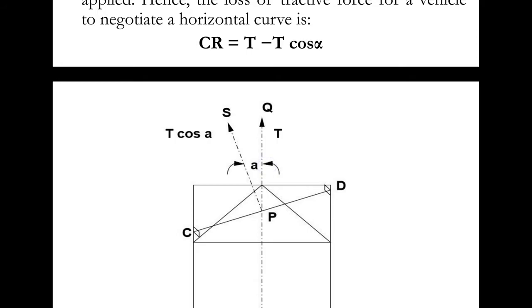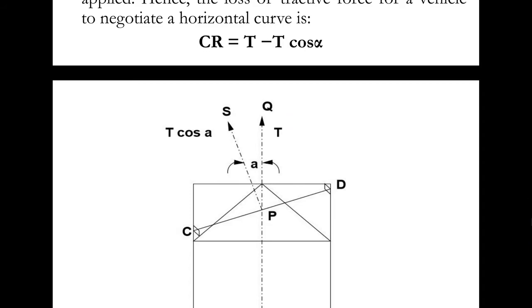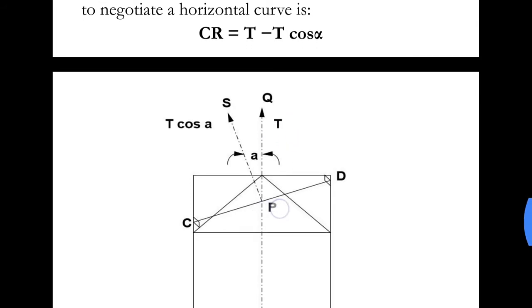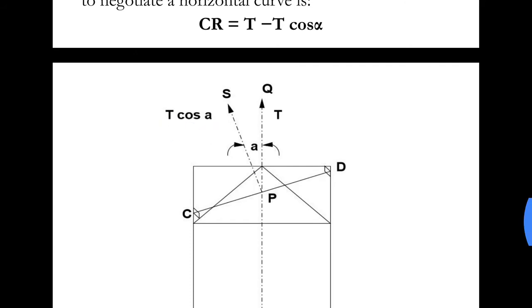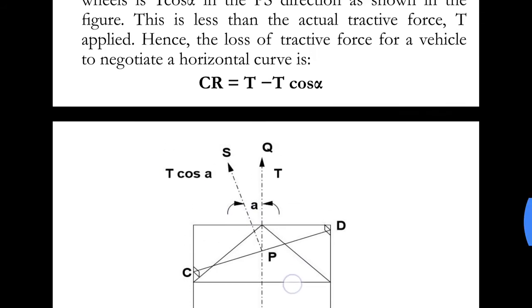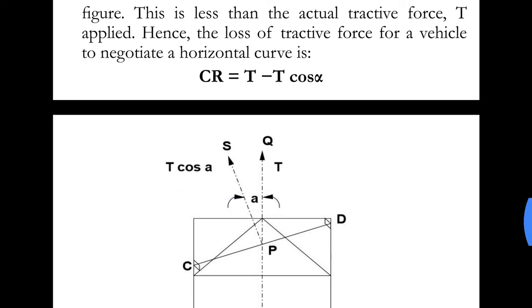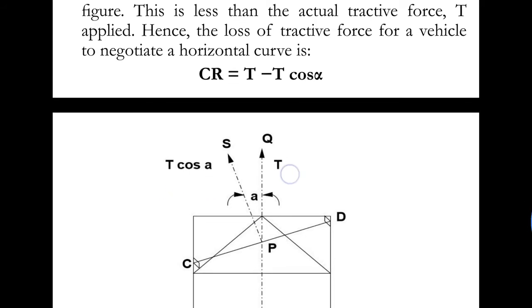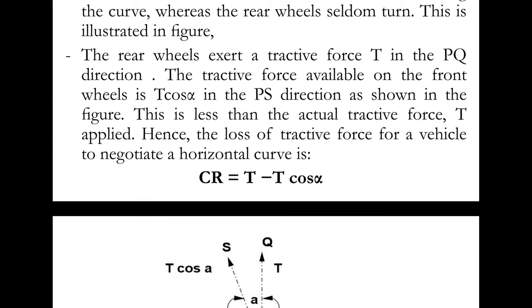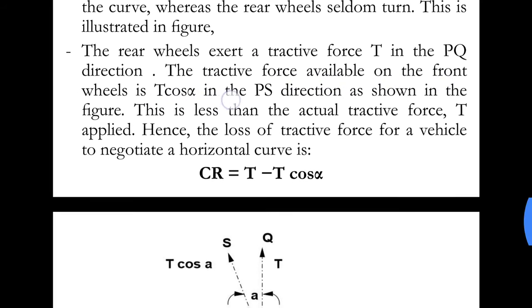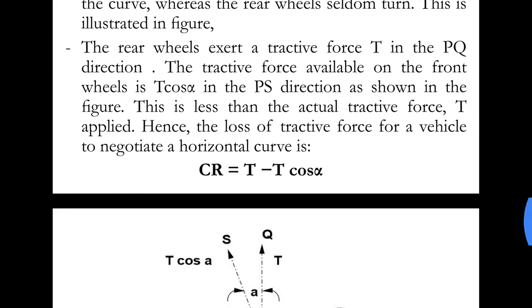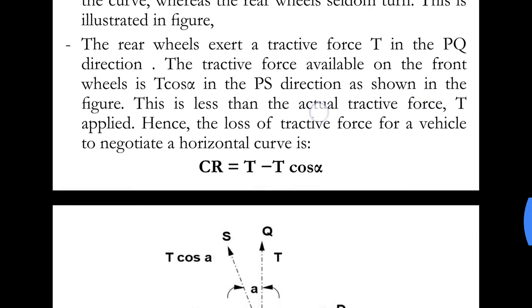So if along PQ the torque value is T, then along PS it would be T cos alpha. We know resolution of forces. The tractive force available on the front wheels is T cos alpha in the PS direction as shown in the figure. This is less than the actual tractive force T applied.